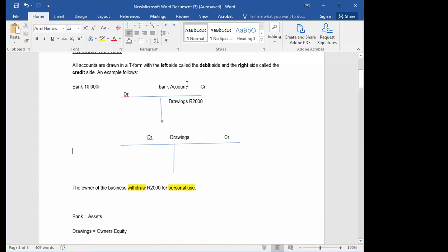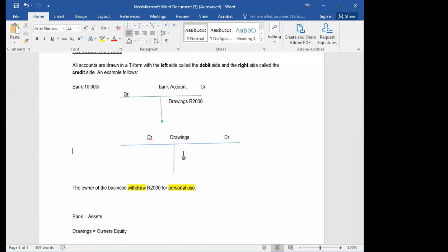Let us go back and see where drawings are increasing. So drawings are expenses in our business. Therefore, drawings will automatically increase on a debit side. Remember, drawings are the enemies of our owner's equity, because whenever I talk about drawings, our owner's equity will decrease, because the money is taken from the business, and it decreases the interest of the owner.